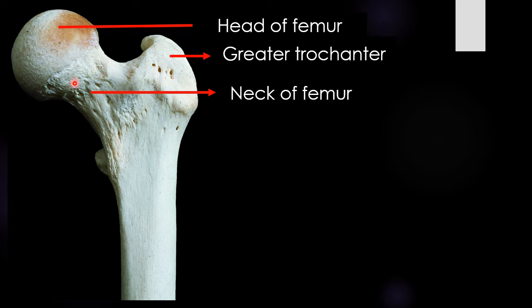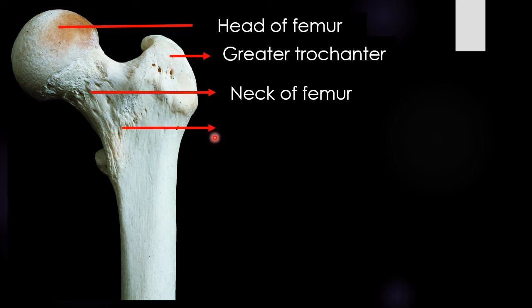So the neck and the greater trochanter. Greater trochanter muscle attachments they may ask. It may be marked on the greater trochanter and you may be asked to identify the muscle attachments to this area. Greater trochanter muscle attachments, you have to go through it.